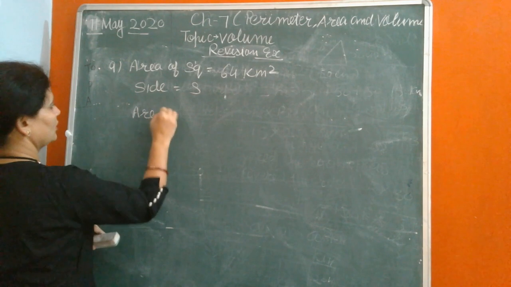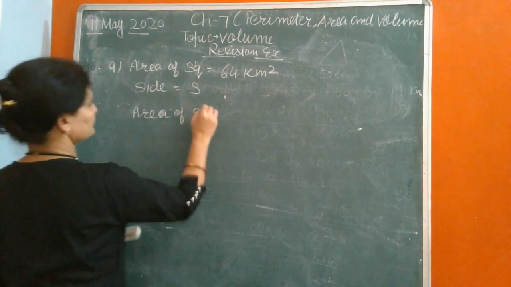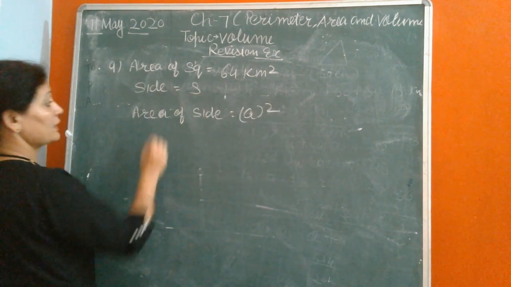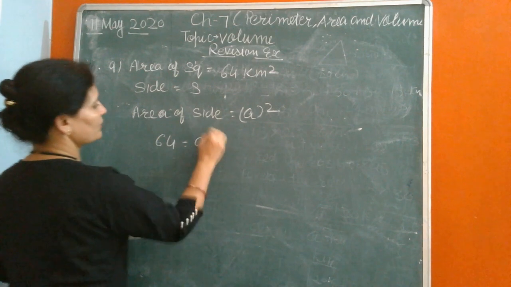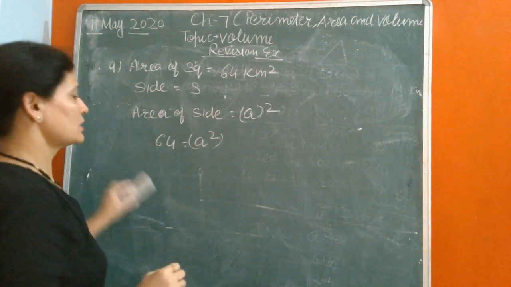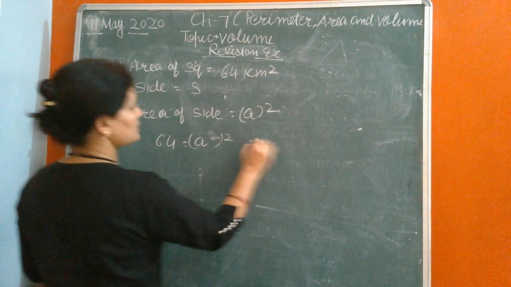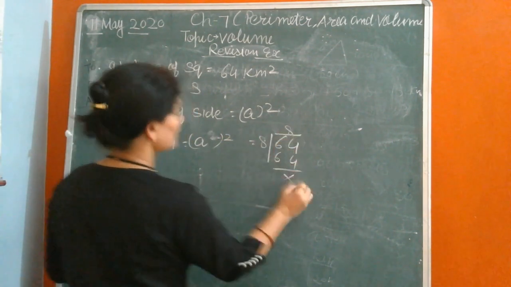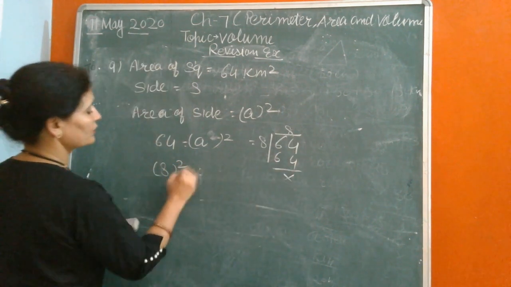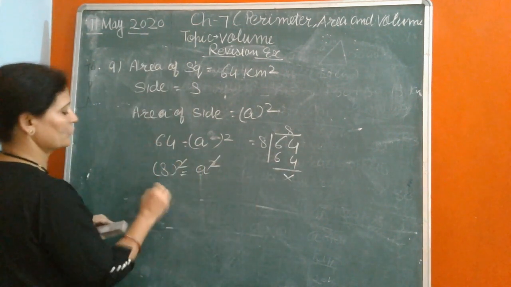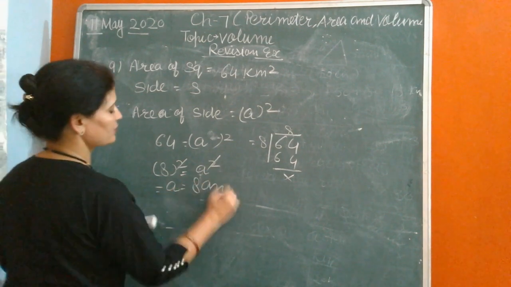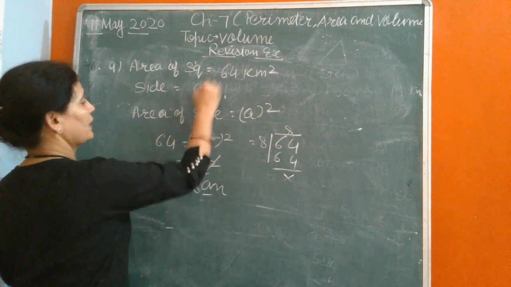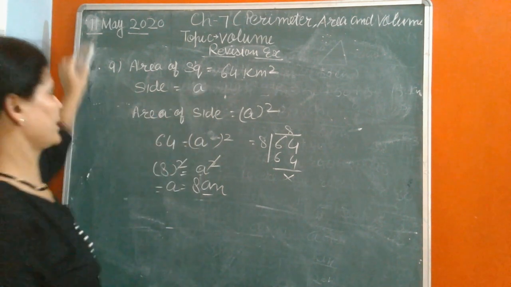Area of a square equals A squared. So 64 equals A squared. How to find the square root of 64? 8 eights are 64. So 8 squared equals A squared, the squares cancel, and A equals 8 centimeter. It means the side is 8 centimeter.